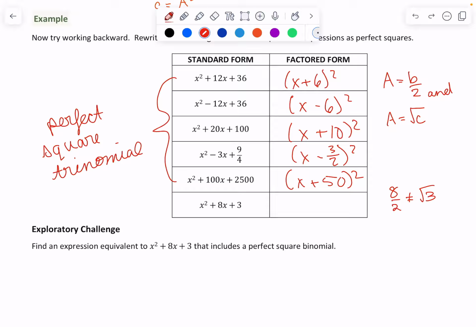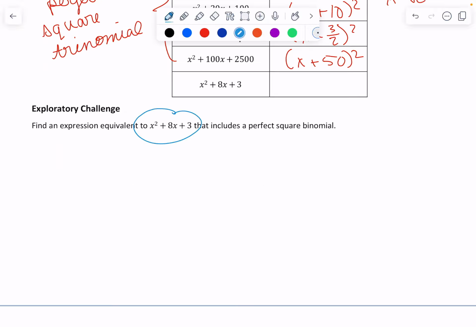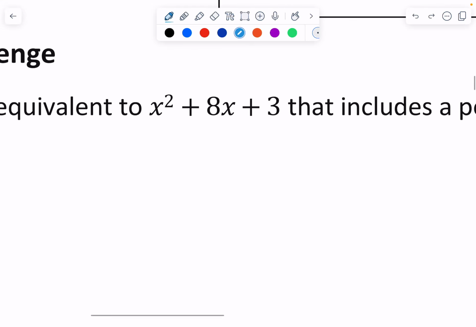But in math, that doesn't stop us. Just because it's not what we want originally doesn't mean we can't be creative and smart about it and work around it. What we realized is that even though this isn't a perfect square trinomial, I could still force it to be one, while ensuring that I can prove it's equivalent to the original expression.